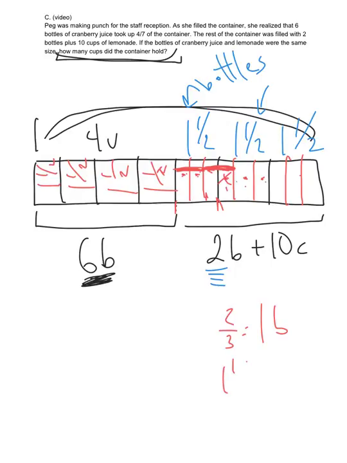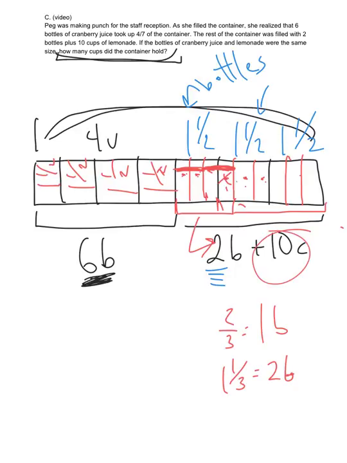So 1 1/3 is worth 2 bottles. Okay. Alright. Do I got my 2 bottles? Yes. So that must mean that if these 4 units right here are worth 2 bottles, then the rest of this right here is worth 10 cups.